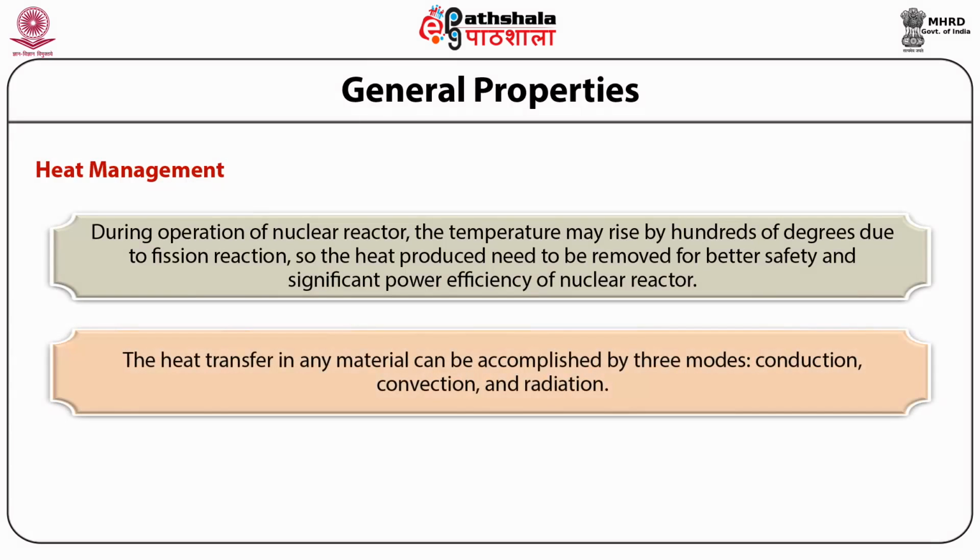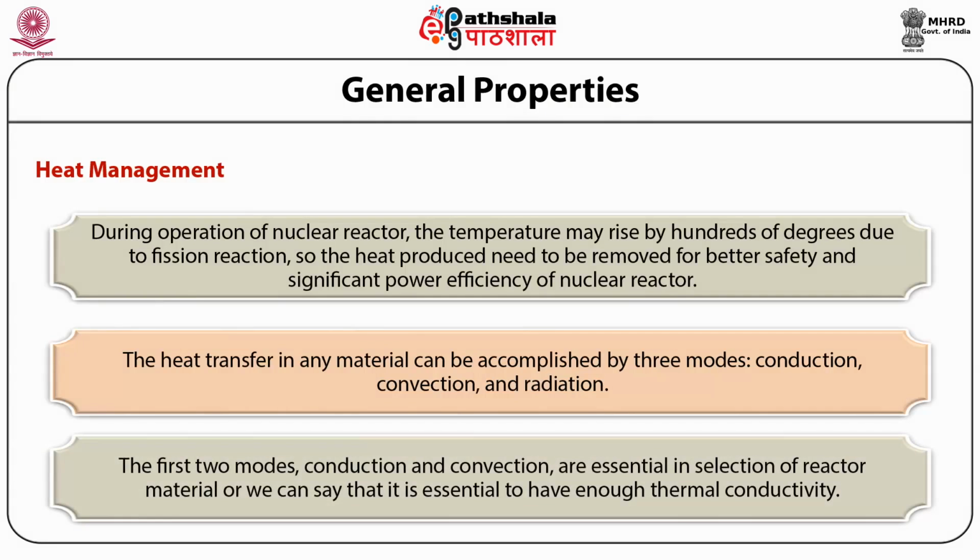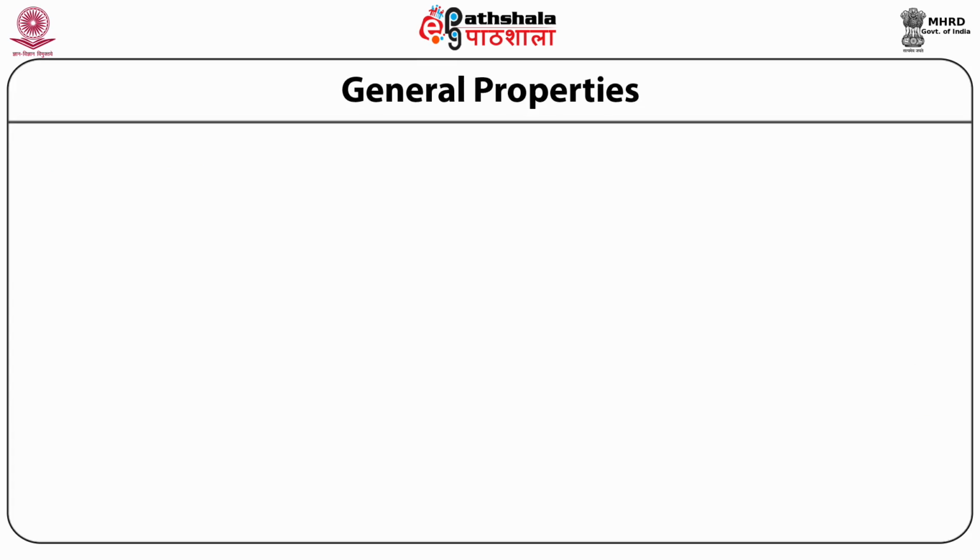The heat transfer in any material can be accomplished by three modes: conduction, convection, and radiation. The first two modes, that is, conduction and convection, are essential in the selection of a reactor material, or we can say that it is essential to have enough thermal conductivity. Last is cost and accessibility.